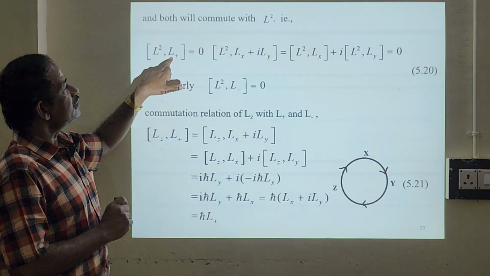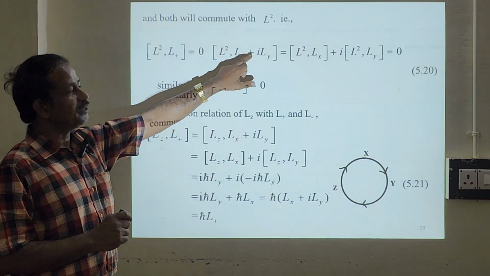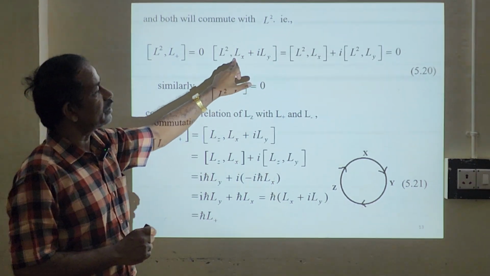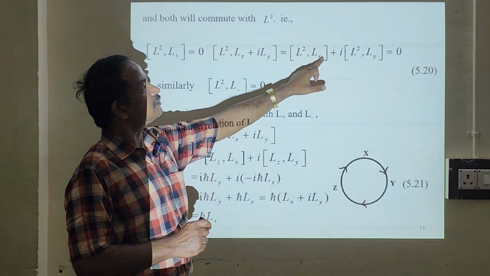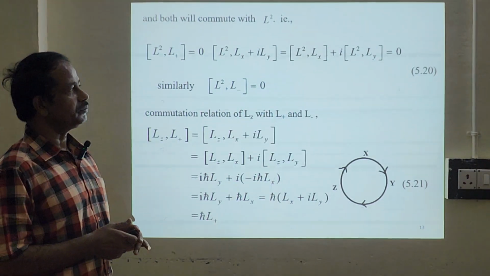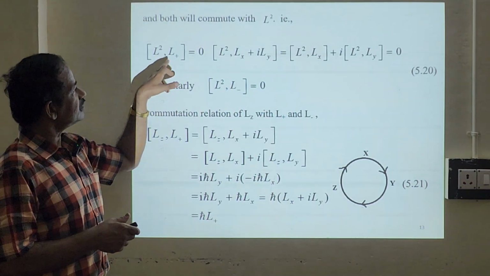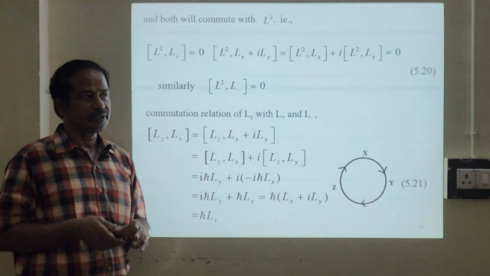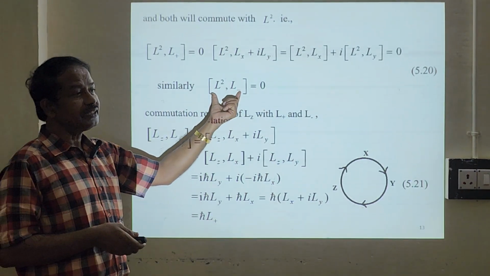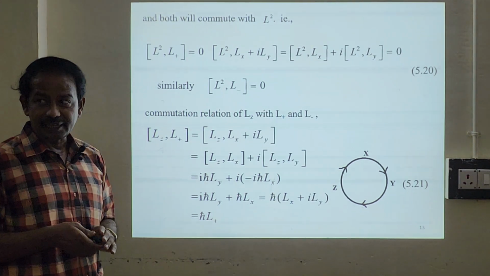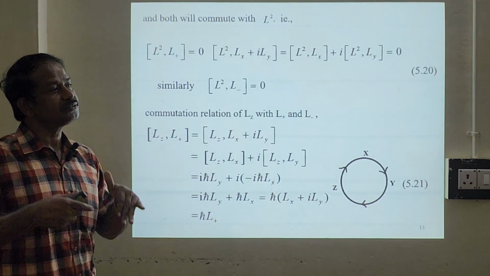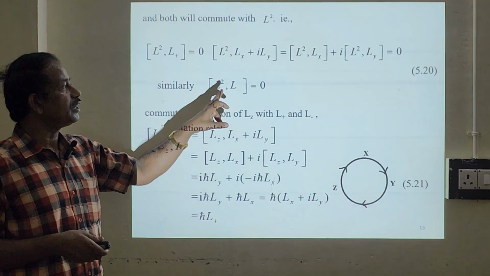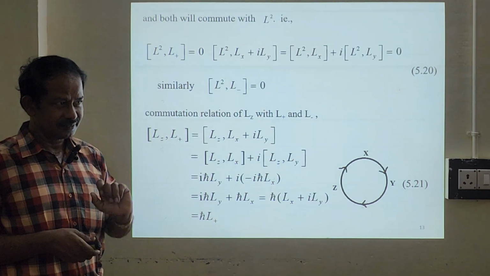Now instead of L plus you can substitute Lx plus iLy, so the commutator of L squared with Lx plus iLy becomes the commutator of L squared with Lx plus i times that with Ly, which is equal to 0. Similarly, the commutator of L squared and L minus is also equal to 0. So L squared and L minus can be measured simultaneously. They allow simultaneous eigenstates.